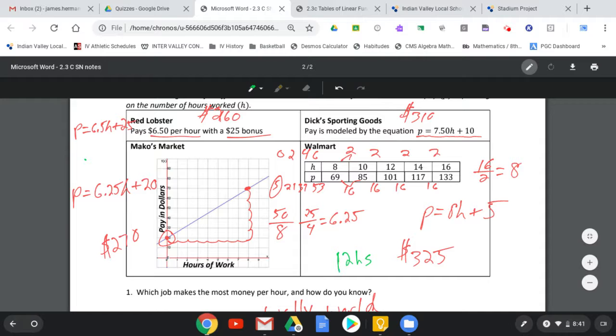Yep. 12 for Mako's. Still waiting on Mako's. 12.8.